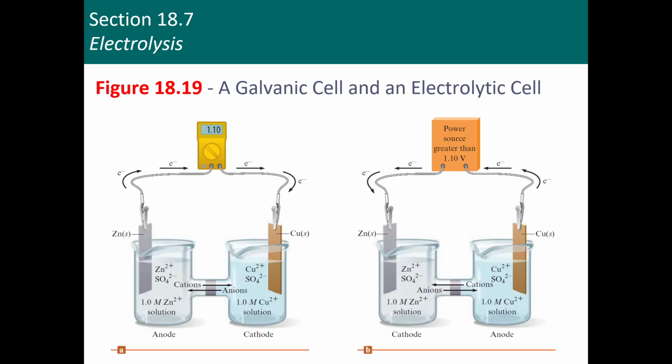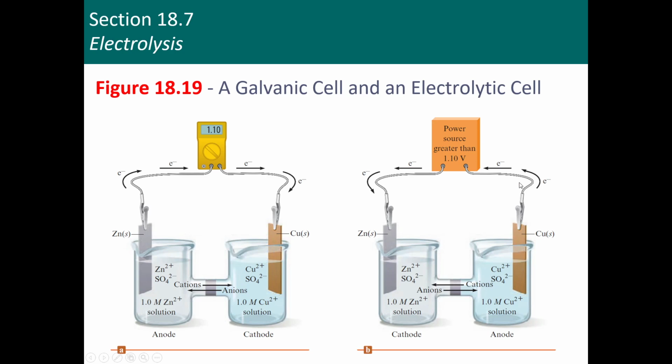So right here we see a normal galvanic cell, and the potential moves electrons in the anode to cathode direction, and we don't have to worry about it. It's spontaneous, right? Okay, so in an electrolytic cell, we're going to use an external power source. We're going to force these electrons to move in the opposite direction.